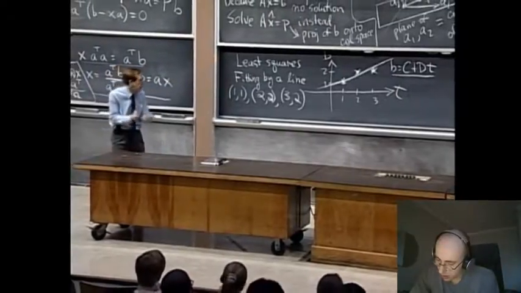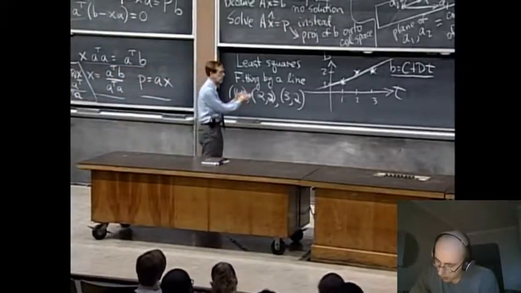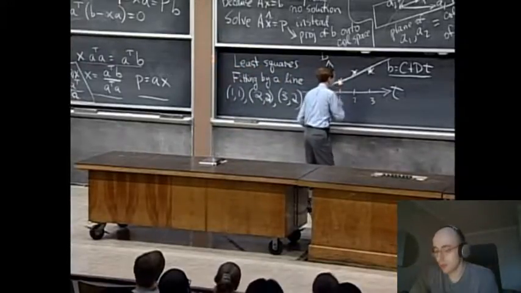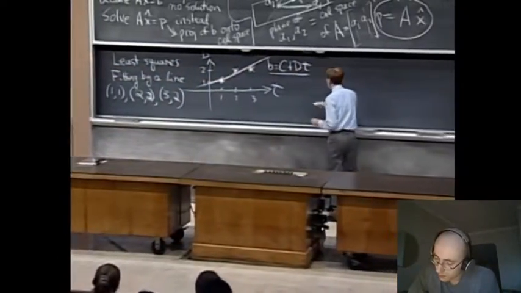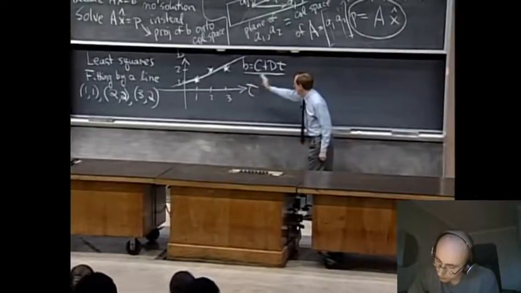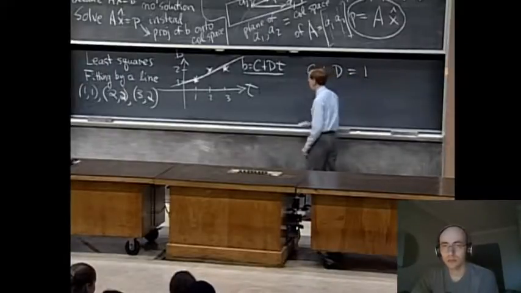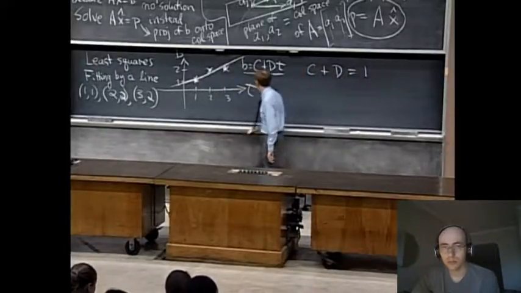I can't get exactly, so there are 3 equations to go through the 3 points. It will go exactly through the first point, where t equals 1, if C plus D equals 1.